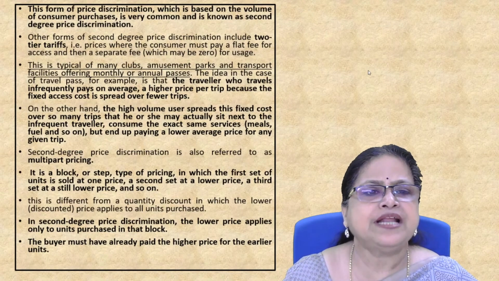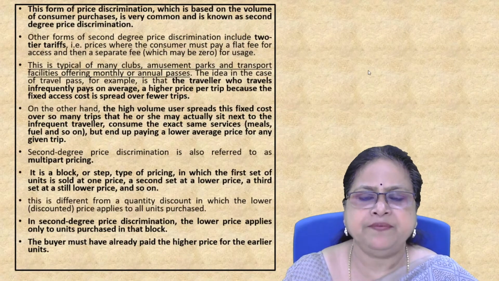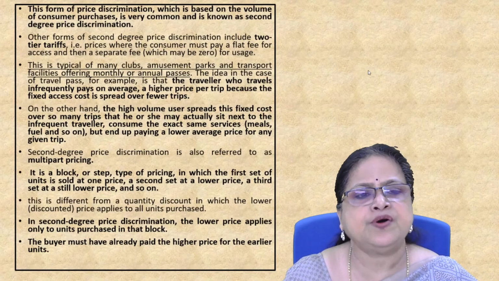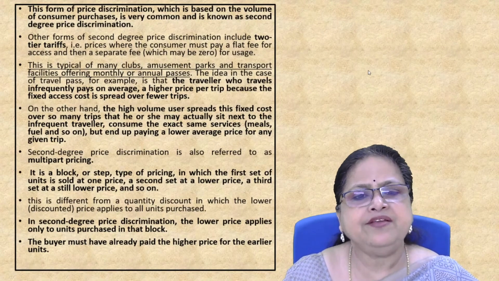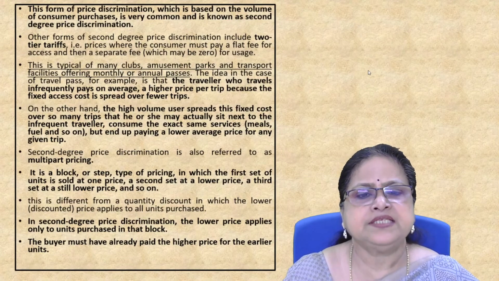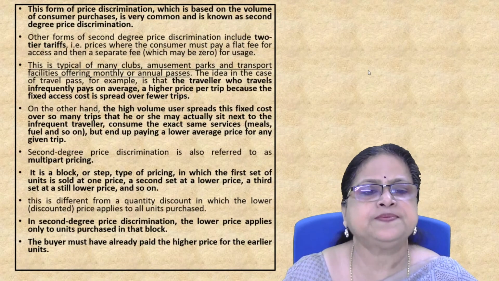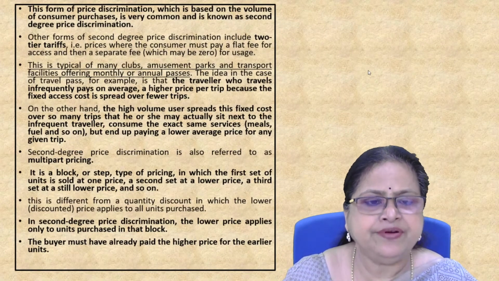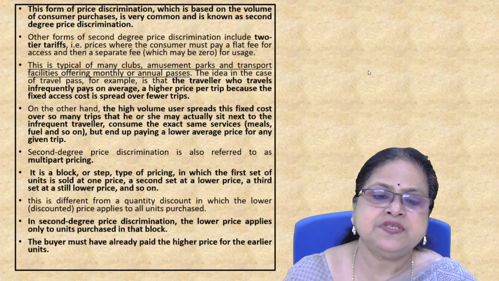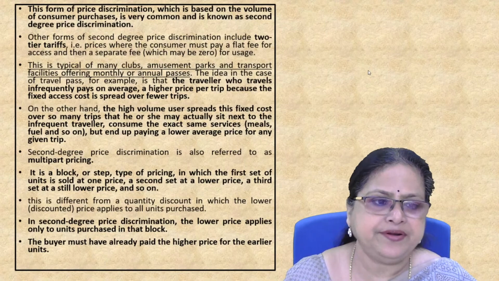Here, the traveler who travels infrequently pays on average a higher price per trip because the fixed access cost is spread over fewer trips. On the other hand, the high volume user spreads this fixed cost over so many trips that he or she may actually sit next to the infrequent traveler, consume the exact same services, but end up paying a lower average price for any given trip.